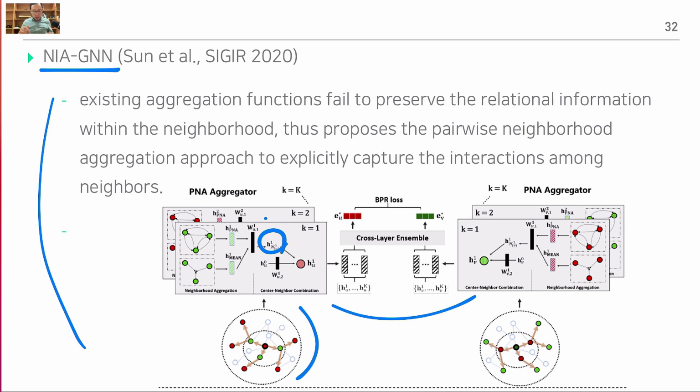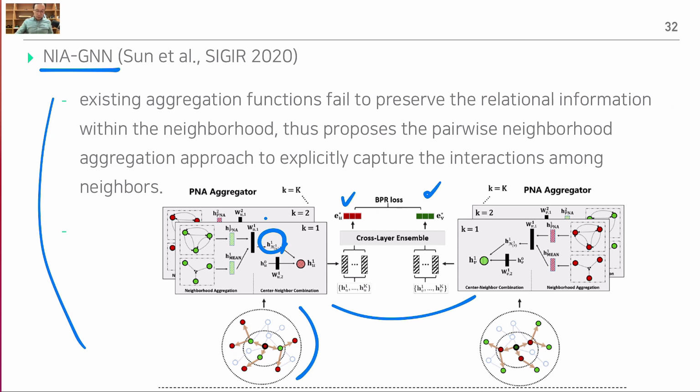We have just focused on how to decide the user representation and item representation. So assume that we have some user and item representation, and when they are closely placed in the embedding space, we recommend the item.